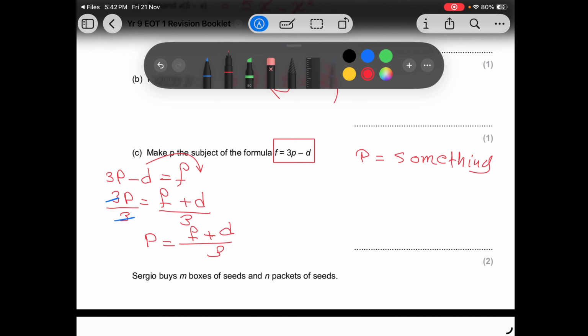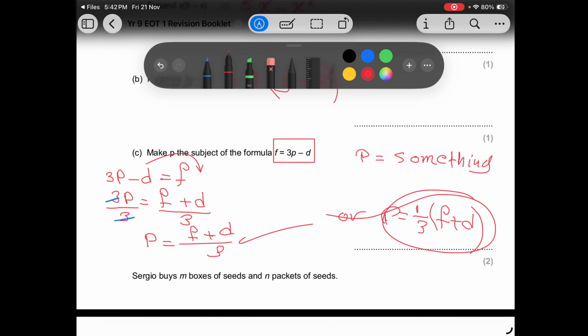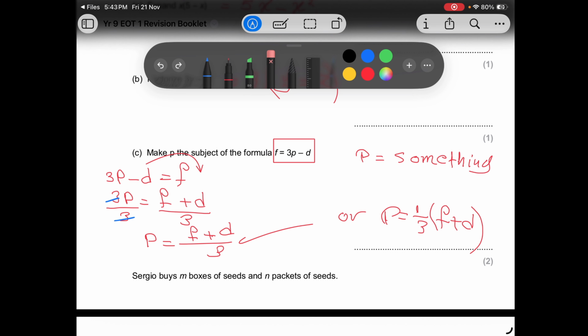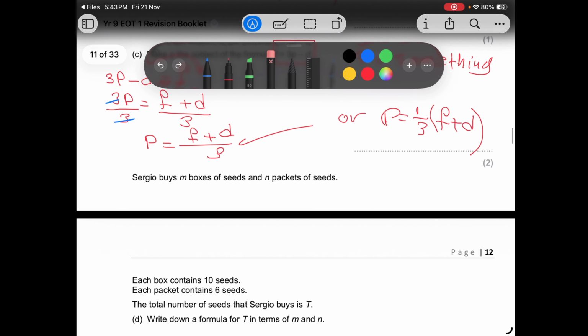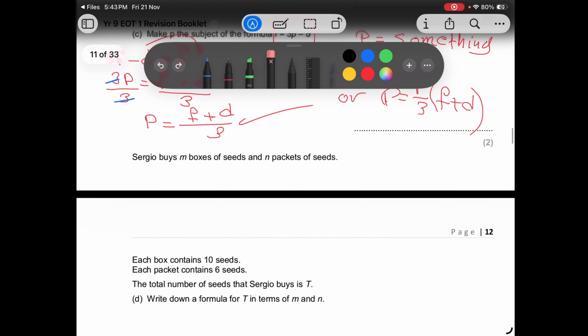If you write your final response like that, it is correct, or if you like P equals 1/3 then F plus D, it's the same. There is no difference between this and this. It's exactly the same, but different ways to express your solution.